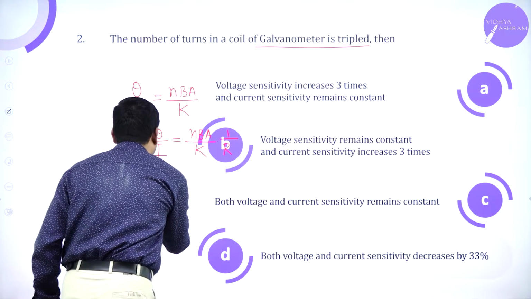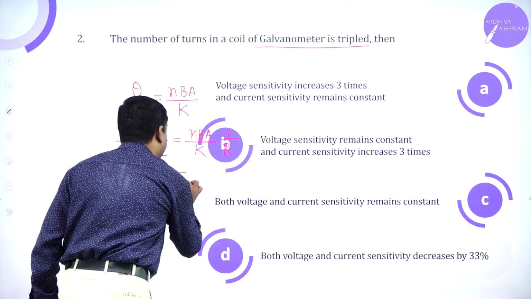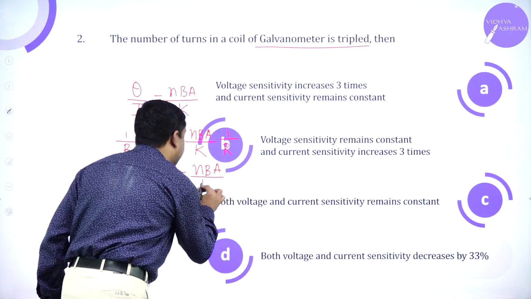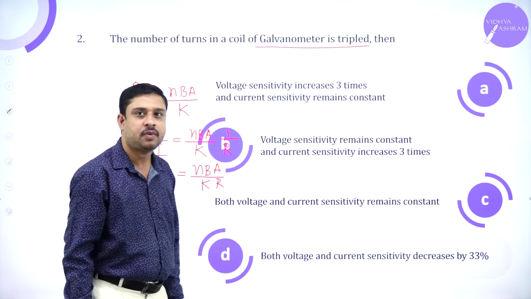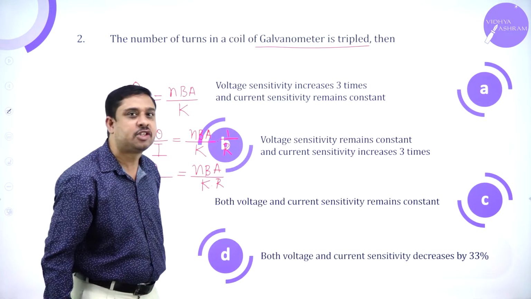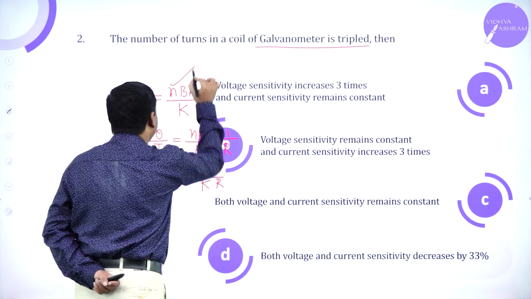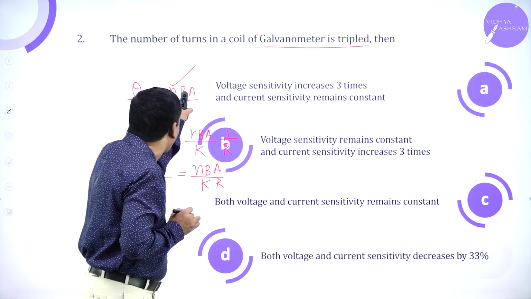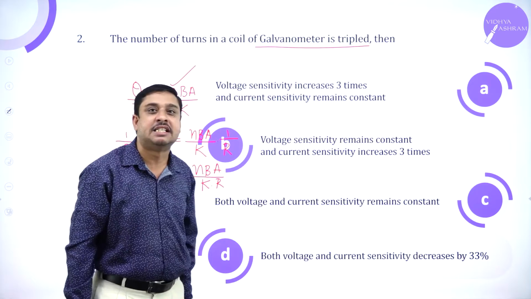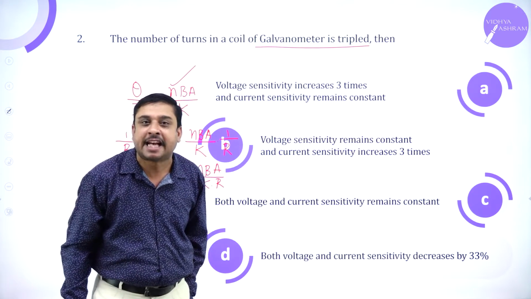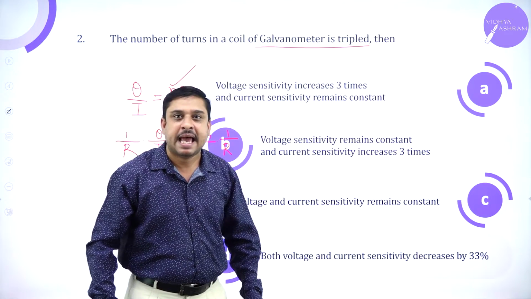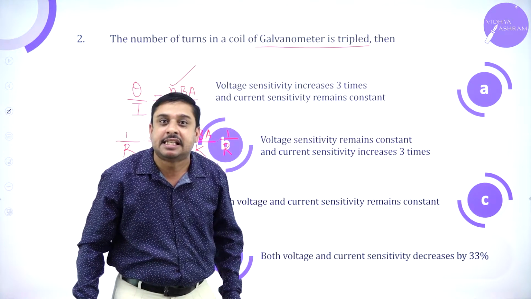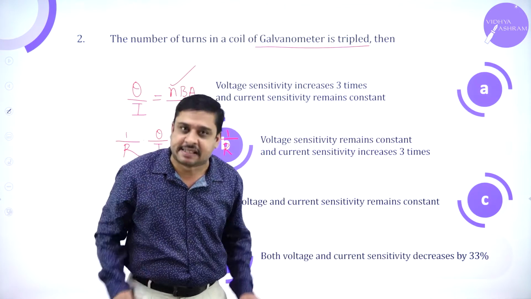So this is theta by I into R is V, N B A divided by K into R. Now please understand, students, current sensitivity is directly proportional to the number of turns in the coil, which means as you increase the number of turns, current sensitivity also increases.